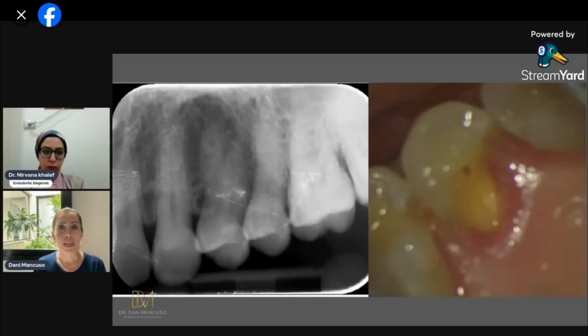Another interesting case of fracture, and apologies for the blurred image, but there was lots of granulation tissue and it was quite a mess. The dentist referred it to me to see if I could save it, although he thought I would say that it needs to be extracted.